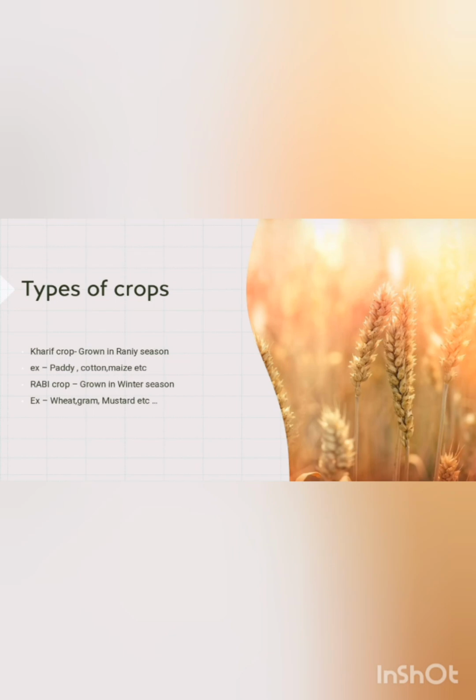Why is there only a particular season to grow those crops? Why can't they grow in all seasons? We take the example of paddy. Why can't paddy be grown in the winter season? Because paddy requires a lot of water, it is grown only in the rainy season.